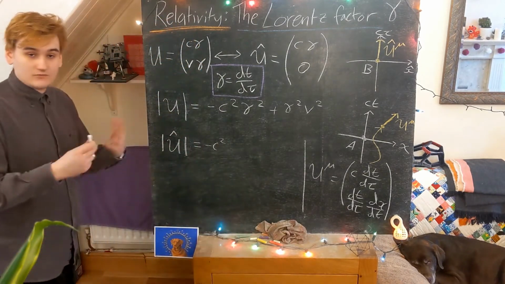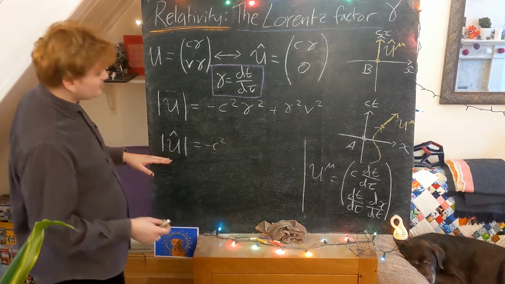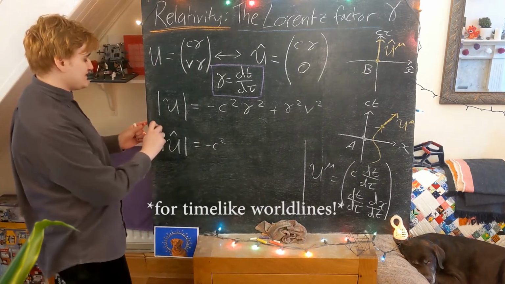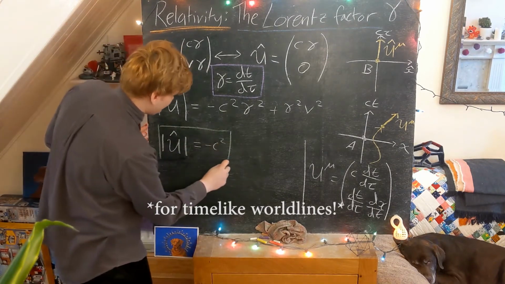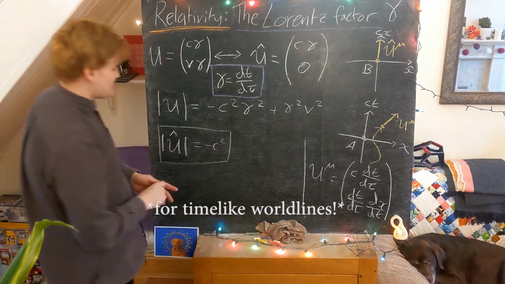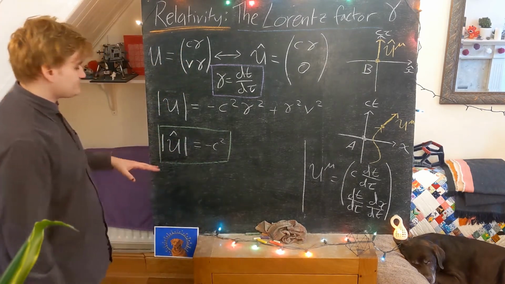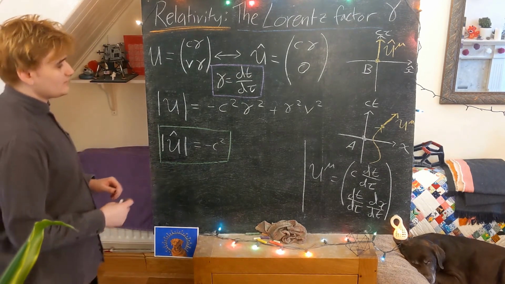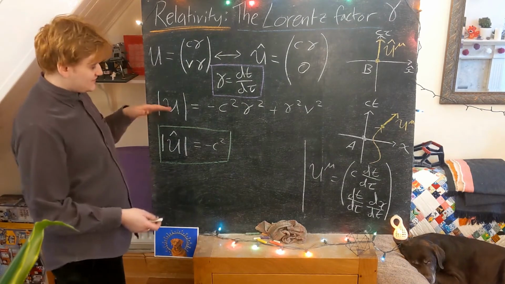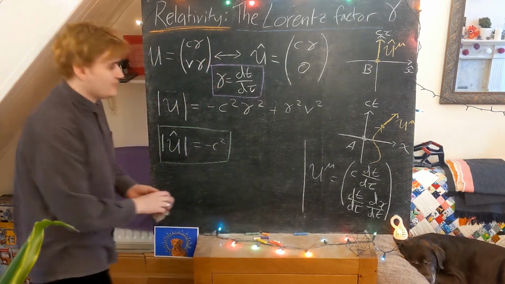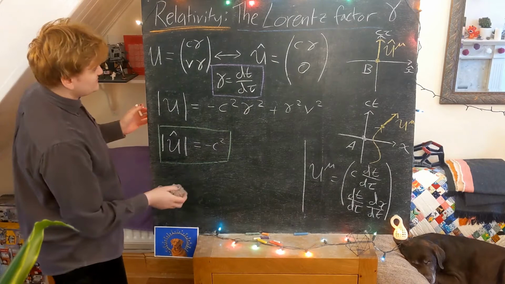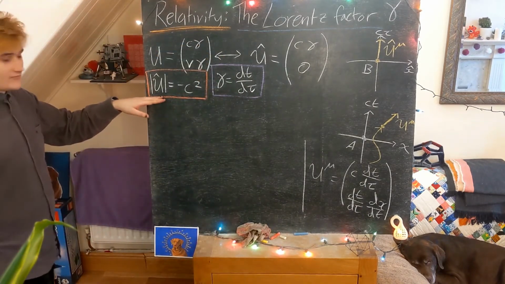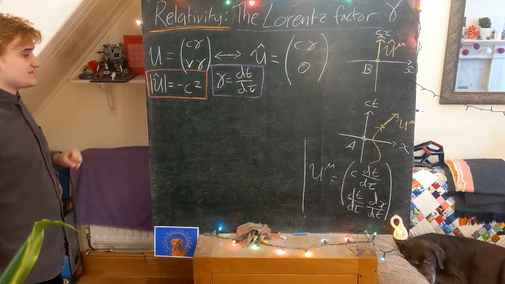And so we now realise that always this 4 velocity length has to be equal to minus c squared, regardless of whether you're measuring it in your own frame or any other frame. Its length is always fixed to be minus c squared. And so now, just using that, comparing with this expression, if I just make a bit more space. So we know that our length of the 4 velocity is always going to be equal to minus c squared.